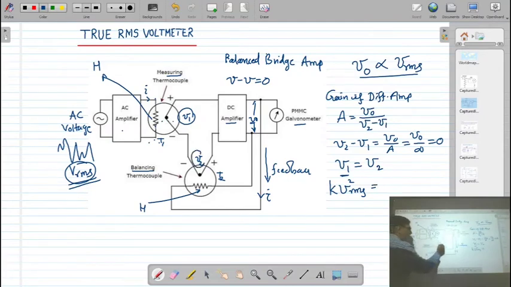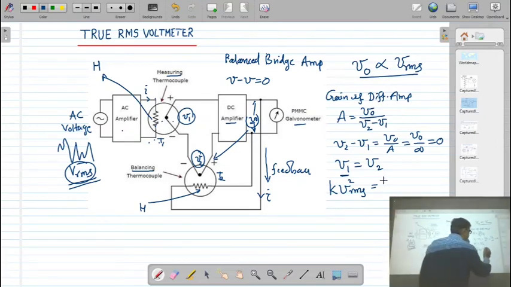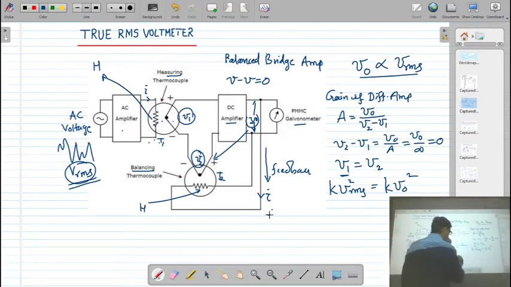And whatever the V2 voltage is, it is produced due to the output voltage of your amplifier circuit. So here we can say K into VO square. Correct? And therefore VRMS is equal to VO.